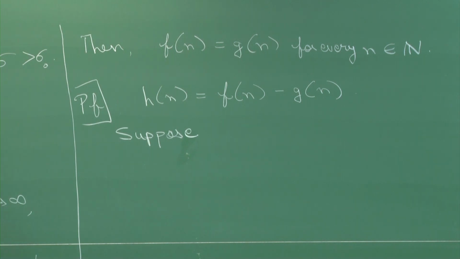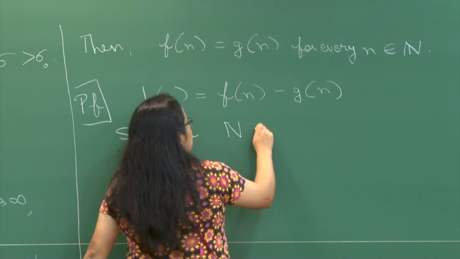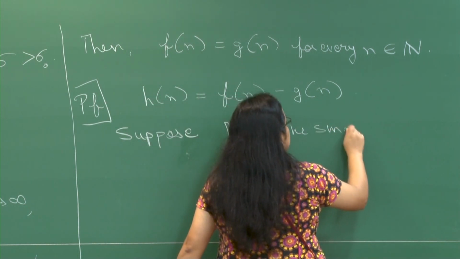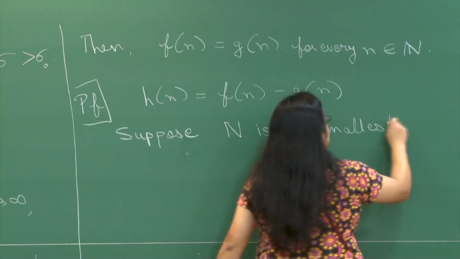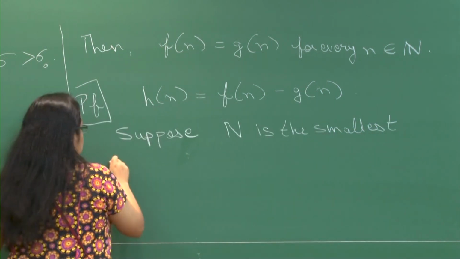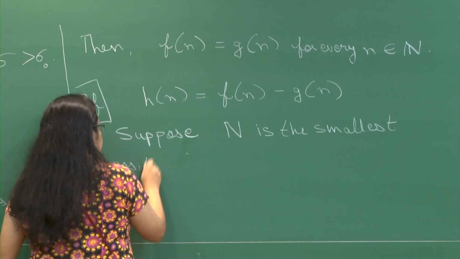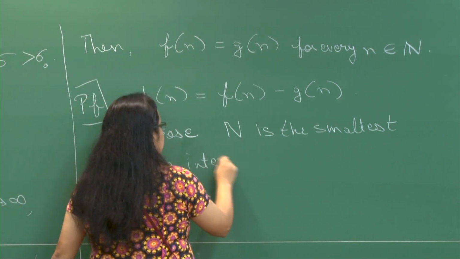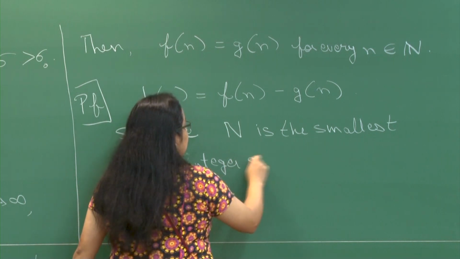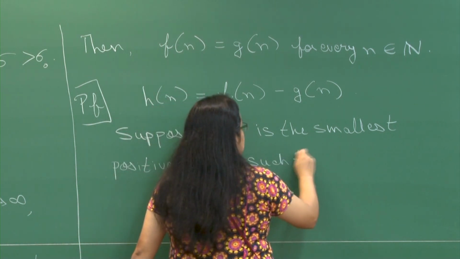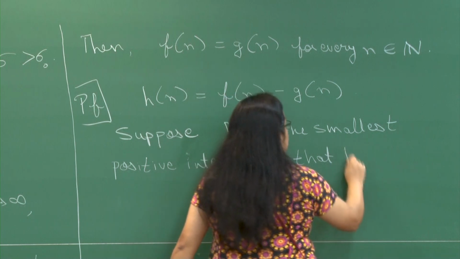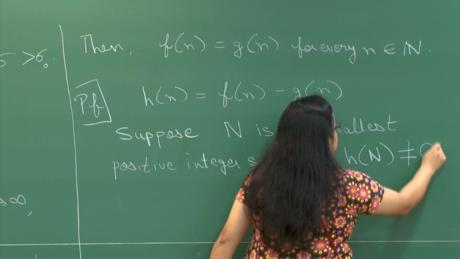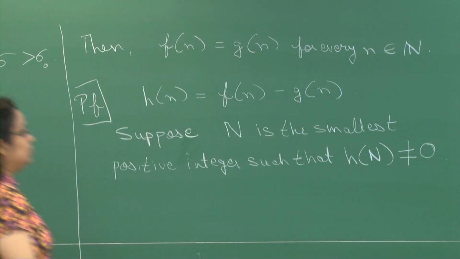So, suppose capital N is the smallest positive integer such that h of n is not equal to 0.